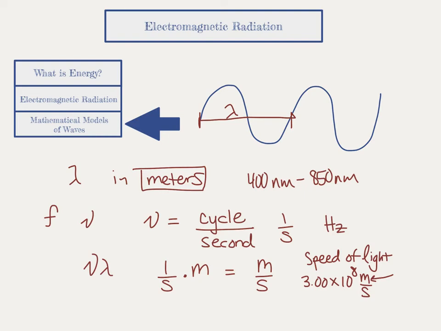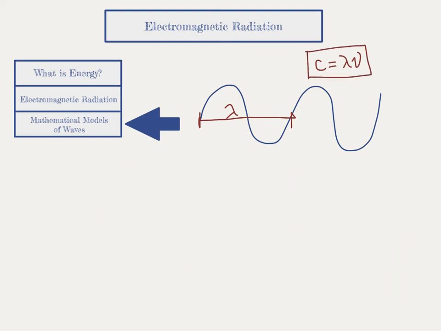Now, last things, we can write this relationship even better if you use the letter for the speed of light, which is the letter c for some unknown and crazy reason, and you have the speed of light is equal to the wavelength of the electromagnetic radiation multiplied times the frequency. Finally, we need to incorporate that idea of energy to our waves.